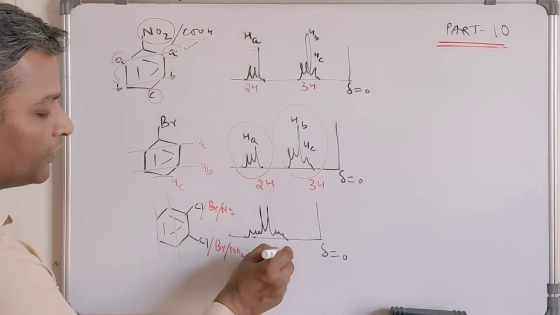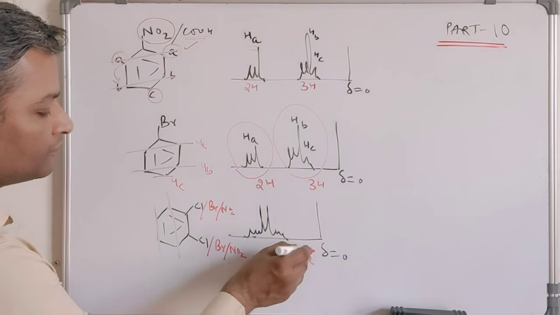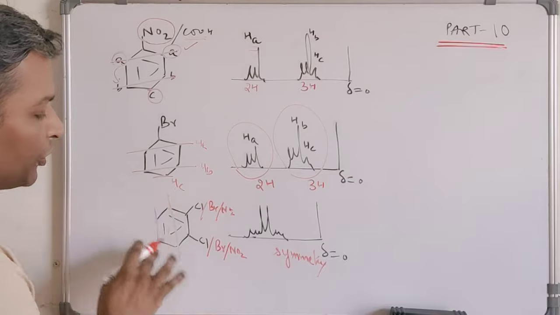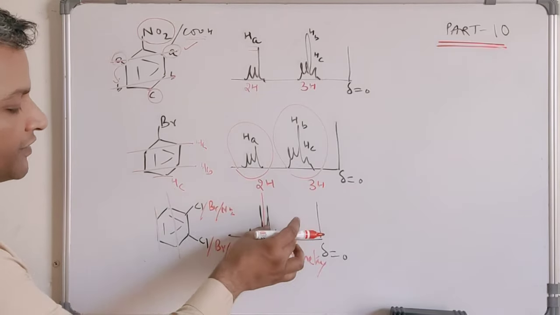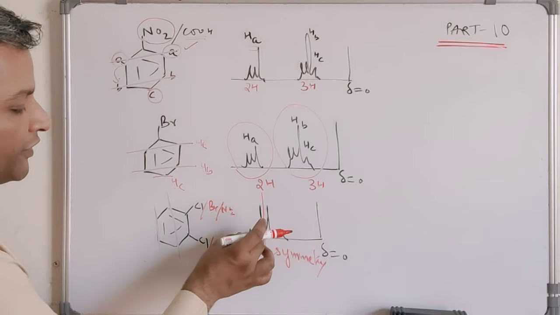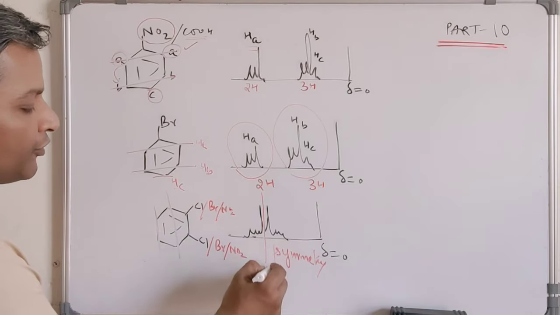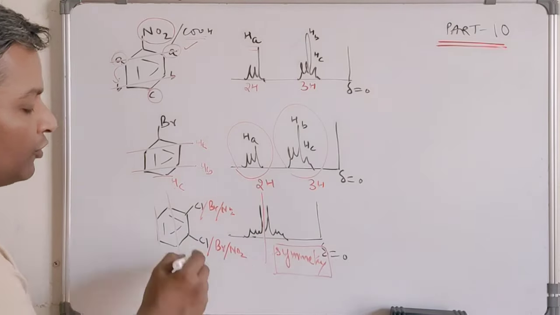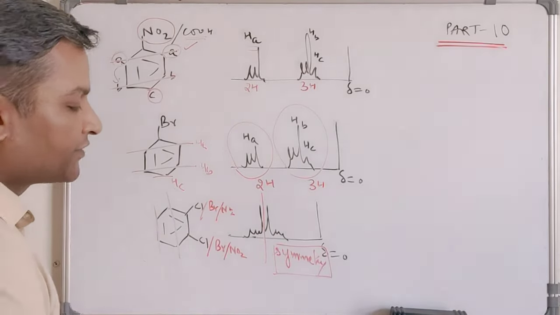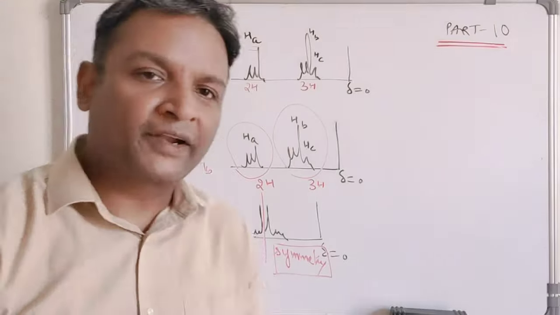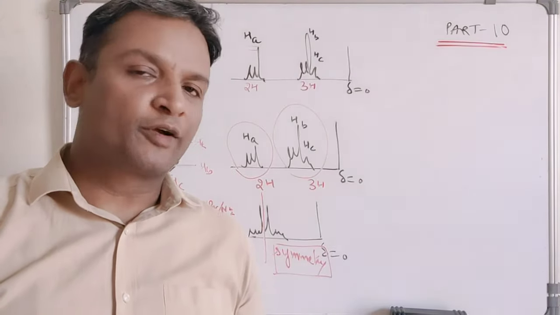Due to symmetry in the molecule, we will observe some symmetry. You can see here, this is a mirror image of this peak pattern. So we observe some symmetry in the case of orthodichloro, orthodibromo, and orthodinitro benzene ring system compounds. So these are the complex spectra observed in aromatic compounds.